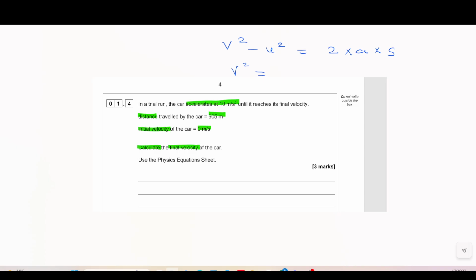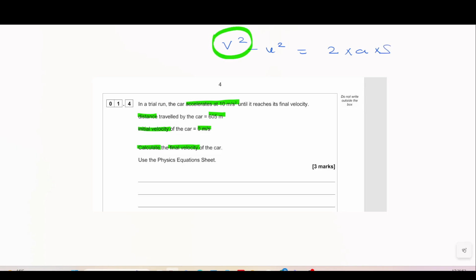So final velocity equals. I don't know how to rearrange this one. Okay. So we have to find this.